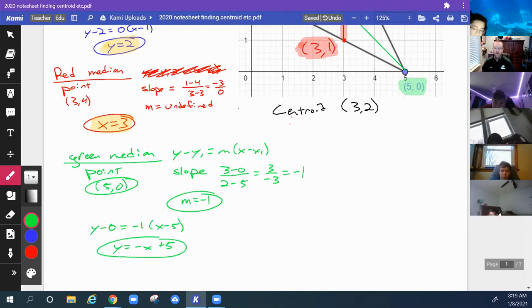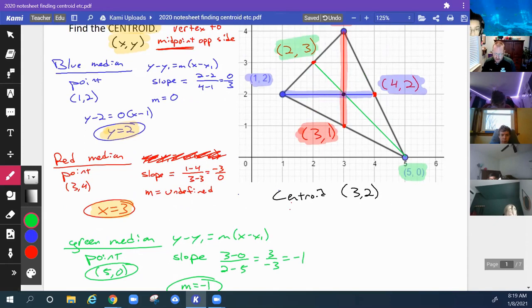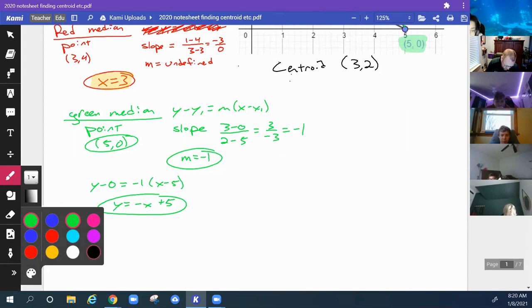So what I could have done is I could have found the equation of the red one, the equation of the green one, but in the end, if I solve that system, I'm going to get the same point. So what I want you to understand is you have three medians. I could find three equations, and I choose two of them to find the intersection. So just for no purposes here, if I chose the green and the red, it would look something like this.